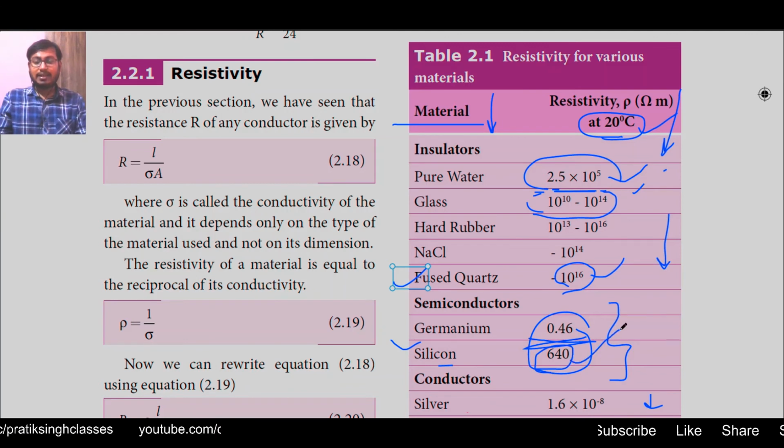These are called semi-metals, as you will study in standard 12th chemistry. And then there come conductors. You know very well that silver is a very good conductor of electricity. That is why components made of silver are used in very high precision electronic gadgets like laptops, desktops, mobile phones and supercomputers.